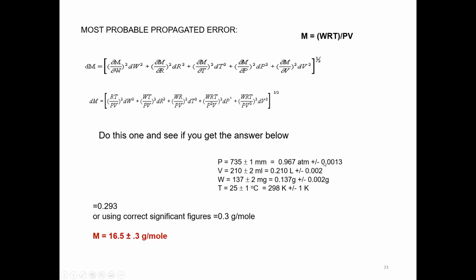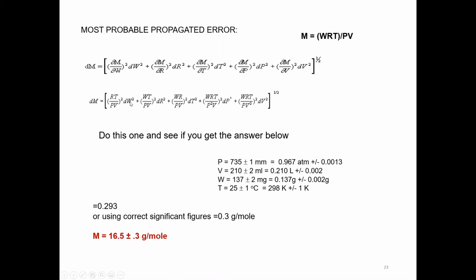So I plug in all these errors together with the means. For example, when you calculate the very first term, we use the value for R here, and for T we use 298. For P, we use the mean, 0.967, and for V, we use 0.21.